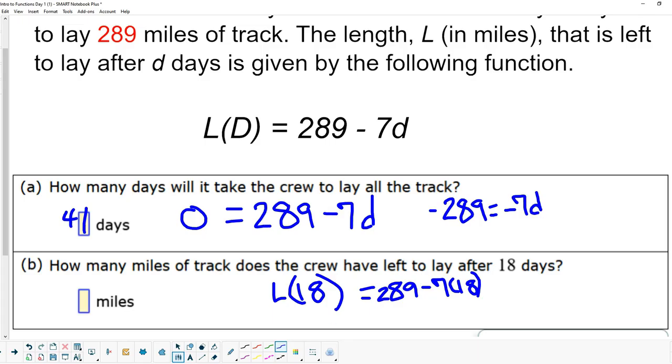So when I get my calculator, and if I do 7 times 18, I get 126. So then I go 289 minus 126. I end up with 163 miles. So that would be our final number. That's how much they still have to lay after 18 days of work.